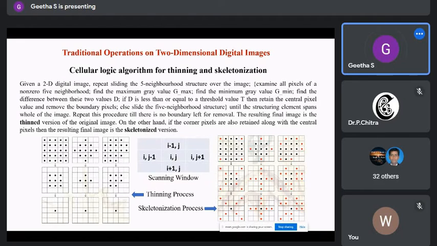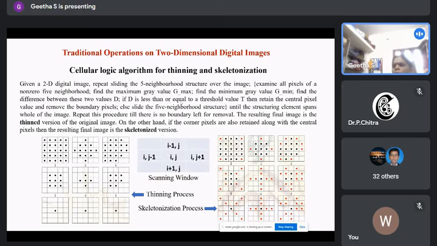So find the difference between the two values, D. If D is less than or equal to the threshold value T, retain the central pixel value and remove the boundary cell. Else slide the 5 neighborhood structure, so the structuring element spans the whole of the image.